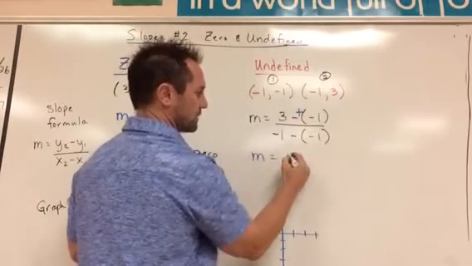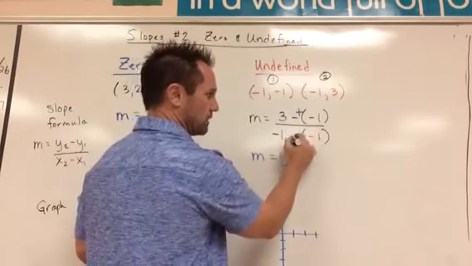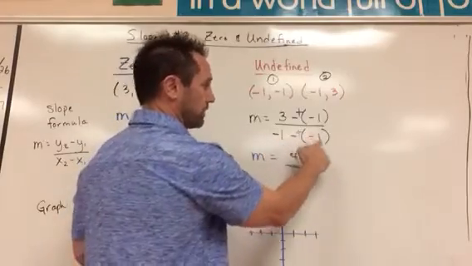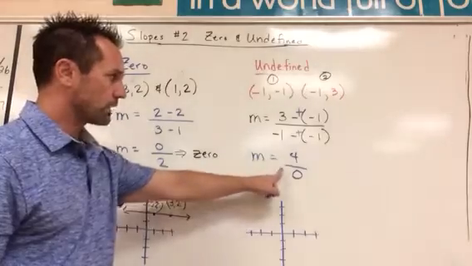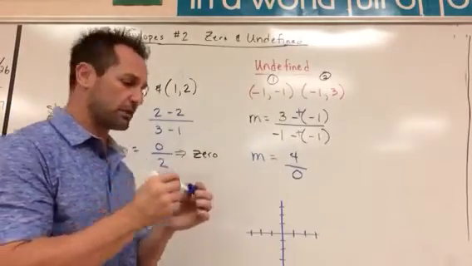So 3 plus 1 would be 4 over -1 minus a -1. Two negatives again turn into a positive. -1 plus 1 would be 0. Okay? Now, let's take a look at this and let's graph it, and then we'll talk about the differences.